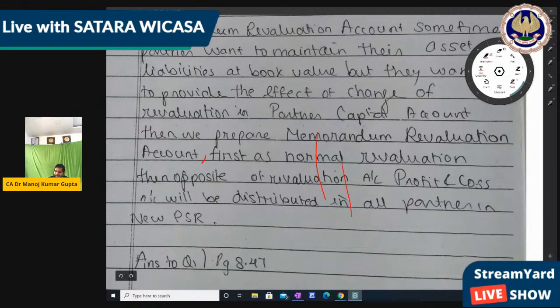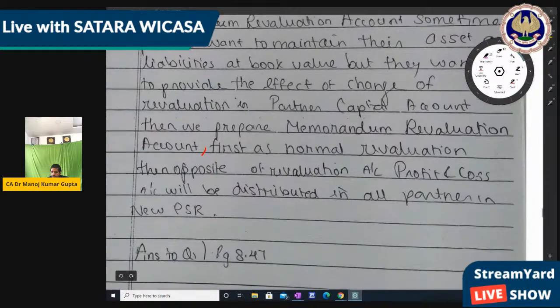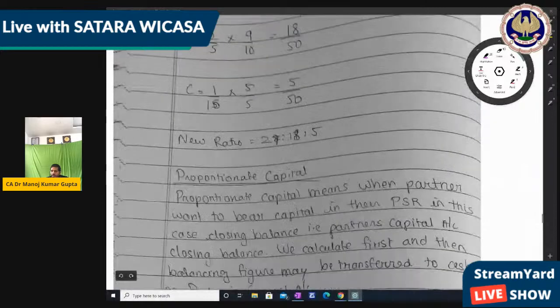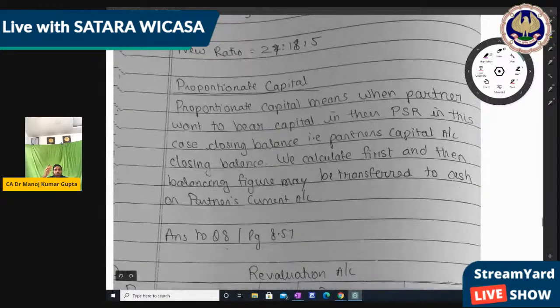Then further, this is the example given. Now proportionate capital. We had discussed this also and just solved a problem in this lecture. Proportionate capital means when partners want to bear capital in their PSR. In this case, we calculate the closing balance of the partners' capital account first, and then the balancing figure may be transferred to the cash account or maybe the partners' current account.